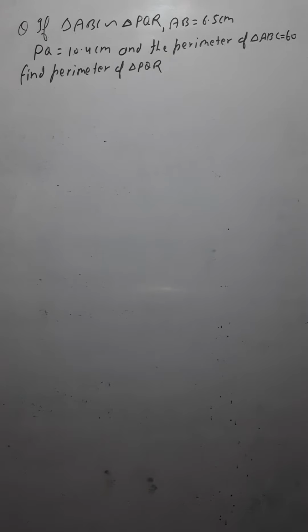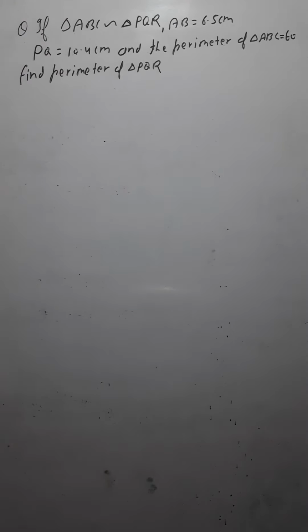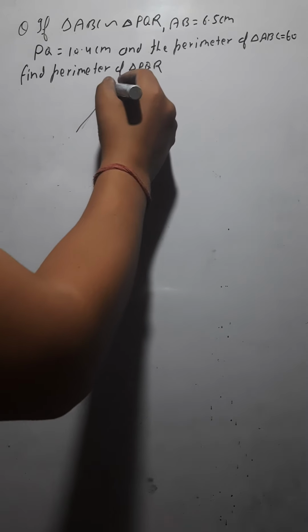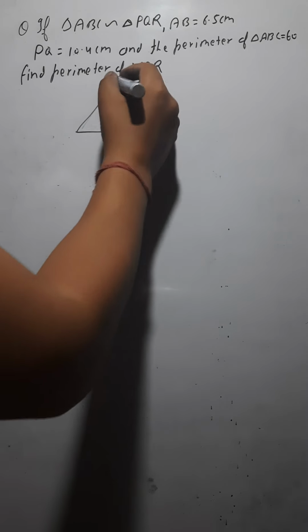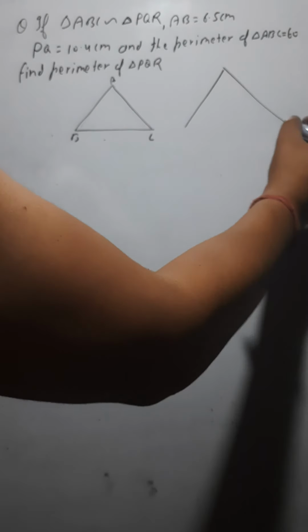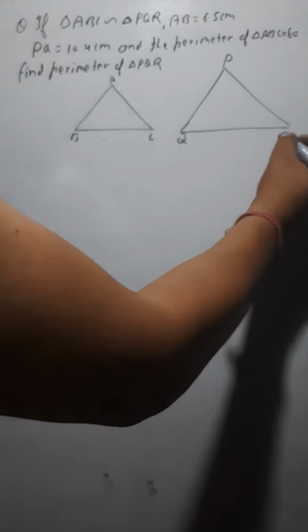So this is the next question that you have to solve. The question is, if triangle ABC and triangle PQR are similar, let me make the figures first. Let's say this is the triangle ABC, and then you have another similar triangle, PQR.